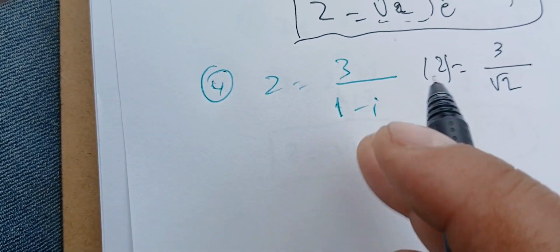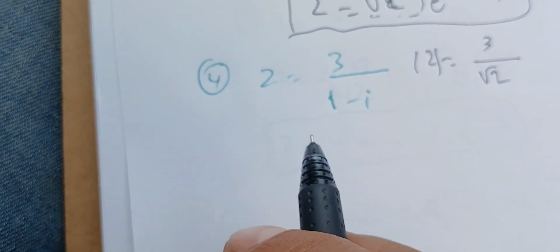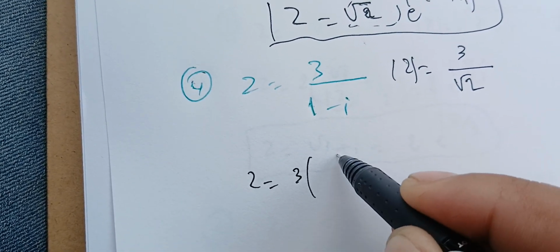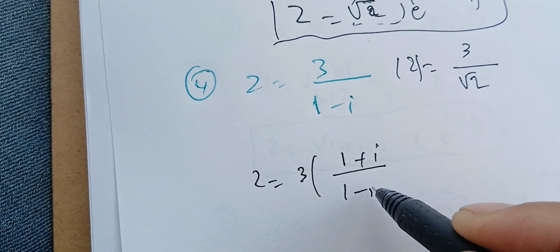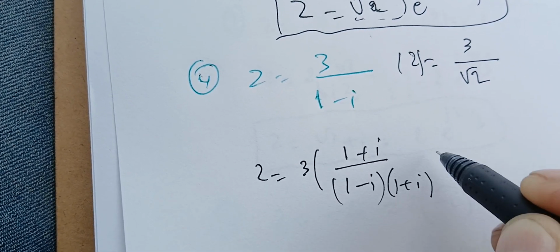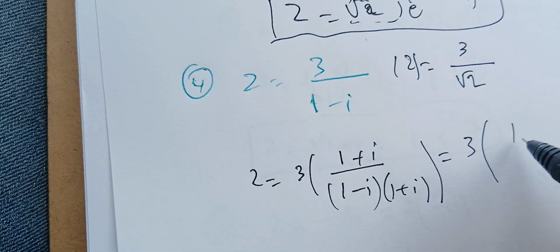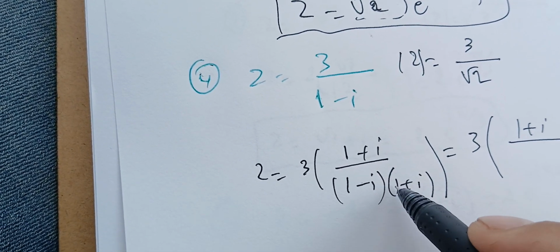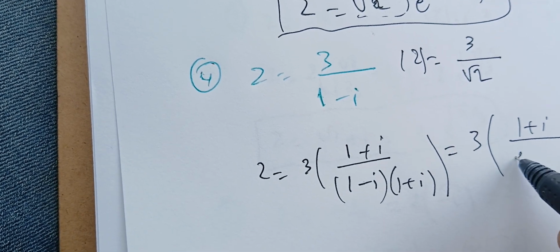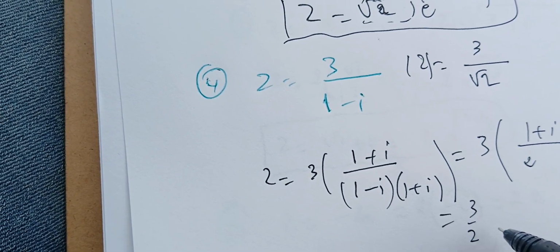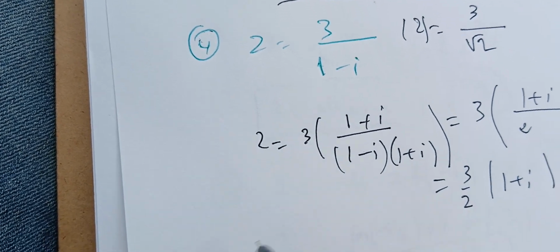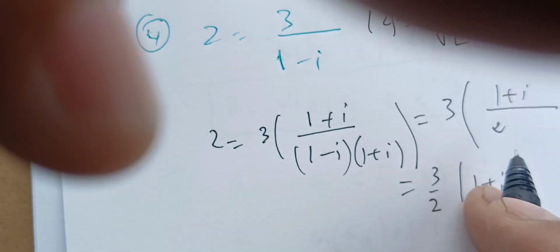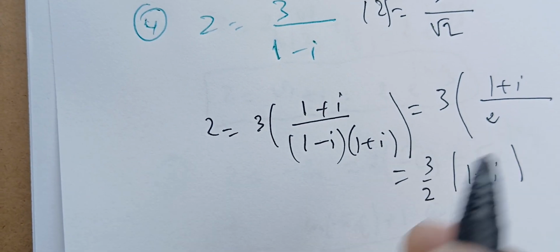Now let's write this one in algebraic form first. To do that, we multiply by the conjugate. We have 3 times 1 plus i over 1 minus i times 1 plus i. The denominator, 1 minus i times 1 plus i, is just 2. So we have 3 over 2 times 1 plus i. Now let's simplify. We know the modulus of 1 plus i is square root of 2.